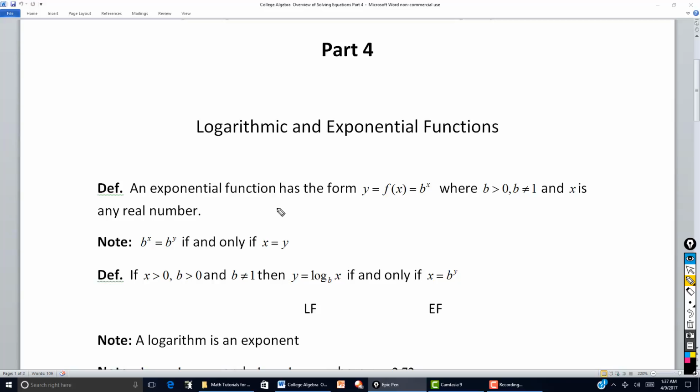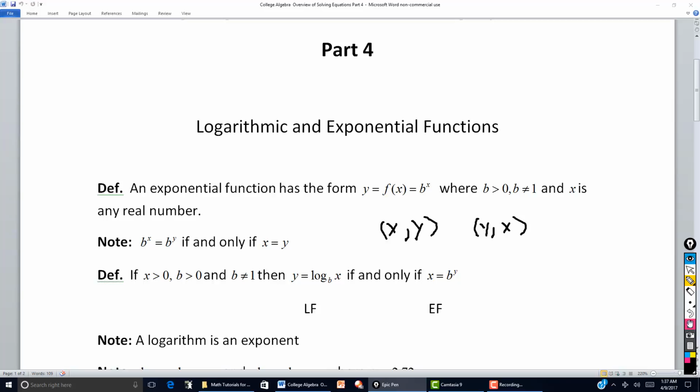So that means that if you take any ordered pair in one of them, and I'm just going to make up variables here, x, y, it could be the point 2, 3 or whatever, and then you reverse the ordered pair, say instead of x, y, you have y, x, then that would be in the graph of the other one. So in other words, if we take a point in the exponential and reverse the ordered pair, then that's going to be in the corresponding log associated with that exponential, and vice versa.